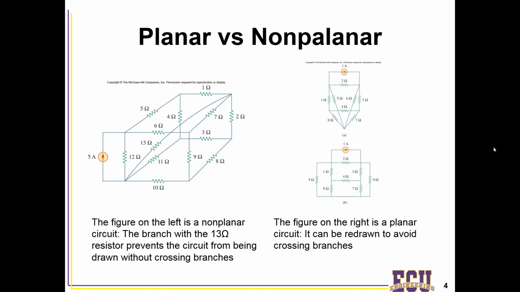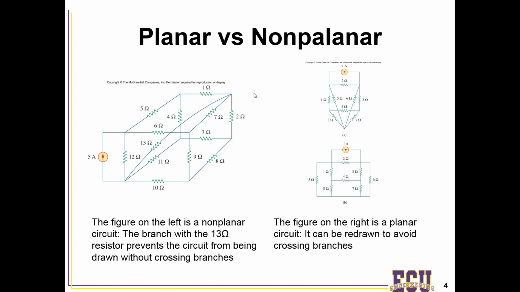Some examples here. On the left-hand side, this is a non-planar circuit. Why? Because the branch right here in the middle with the 13 ohm resistor, going from this corner to this corner, cannot be drawn without crossing over another branch in the circuit. There's no way to stretch that out without that branch crossing another branch.